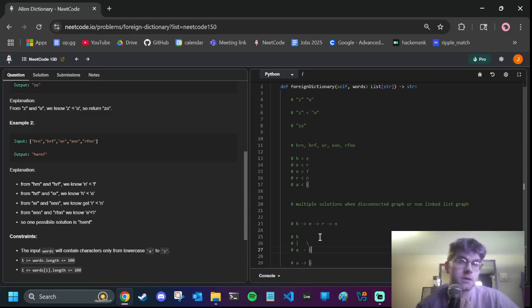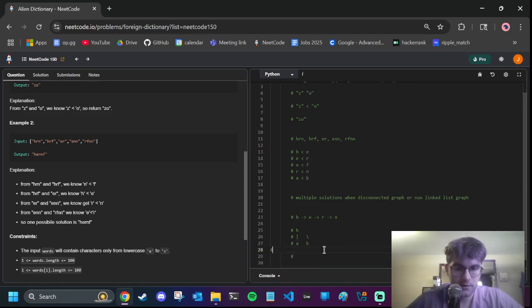Or if there's something in the middle as well, like if this points to Z, and then Z points to D, which also gets pointed to by B. So this would be fair. I also want to say, the only time you have an invalid solution is when there's a cycle, in my opinion.